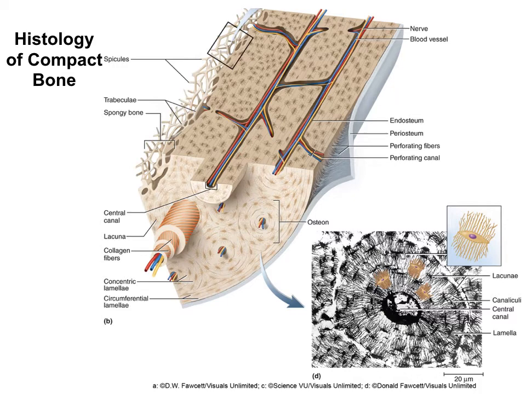So in your head, envision a paper towel roll, toilet paper roll, and if you have that cylinder and start thinking about how the collagen is spiraling along the length of that cylinder, your osteons are extremely strong along their length, really, really strong along their length. However, they are very weak in their width.